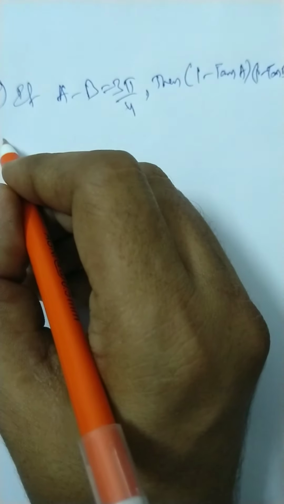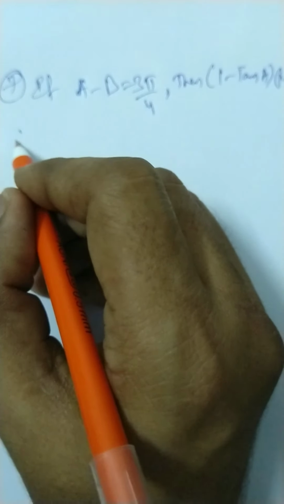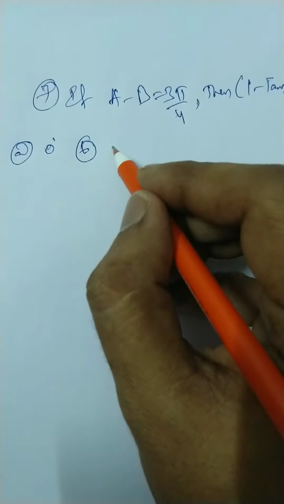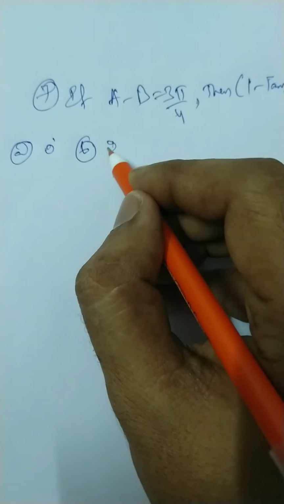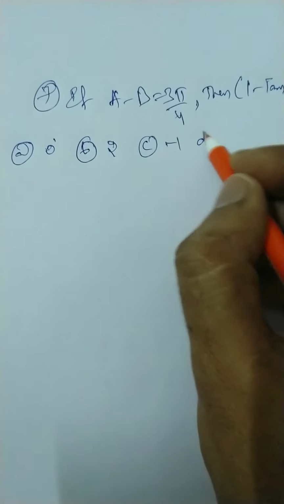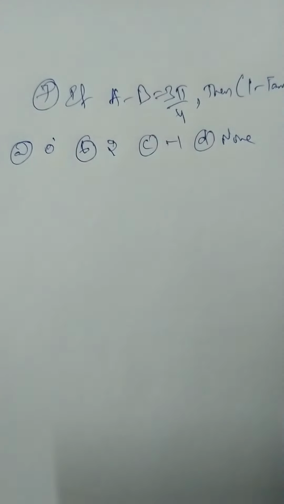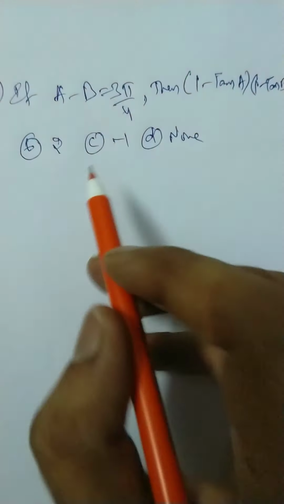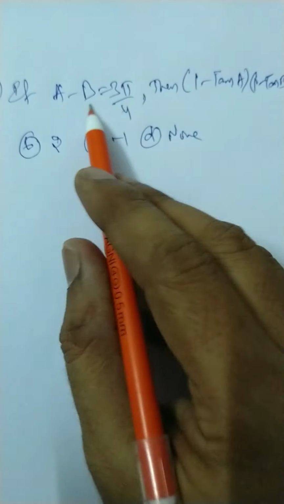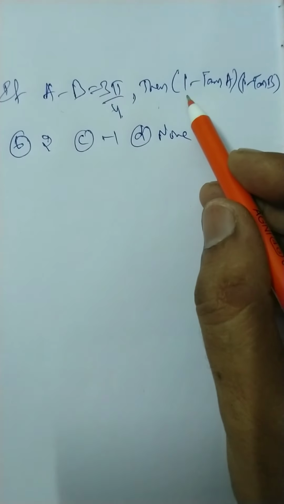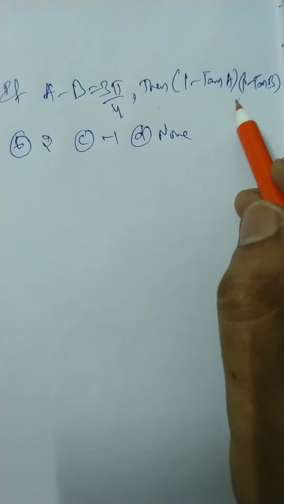The options are a 0, b 2, c minus 1, d none. So what here is given and what we need to calculate. A minus b, the difference of angles, is given as 3 pi by 4. Then we have to find the product of this value.